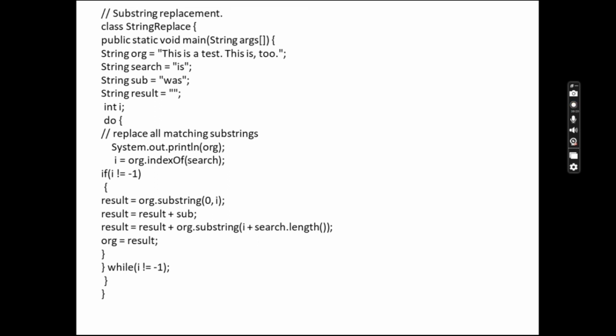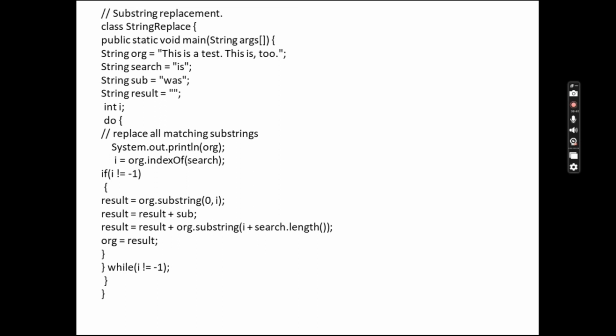Okay, so if 6 is not equal to -1, it means "is" is present inside the string. Then what we are doing is org.substring(0, i). So 0 to i, that is this. We are taking this outside, then result is equal to result plus sub.